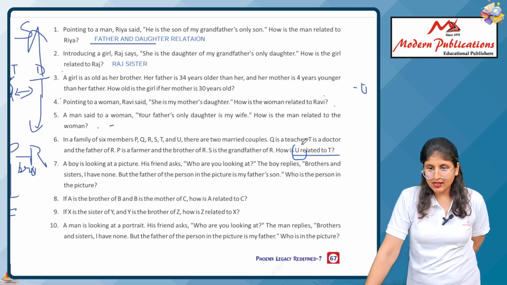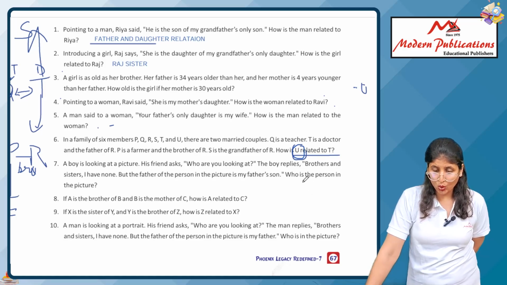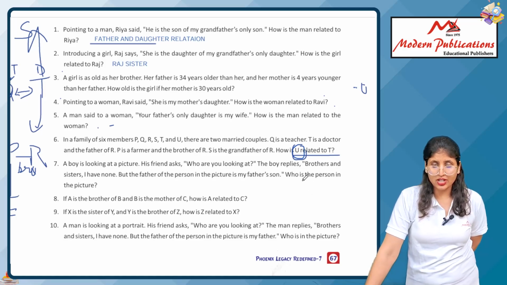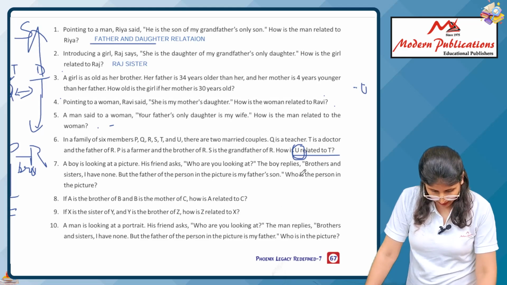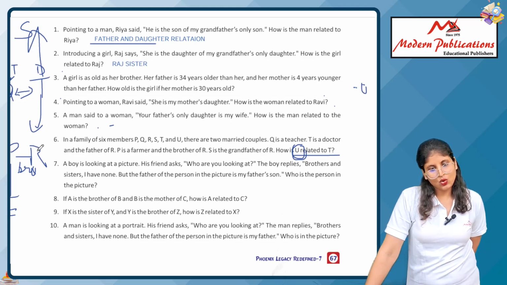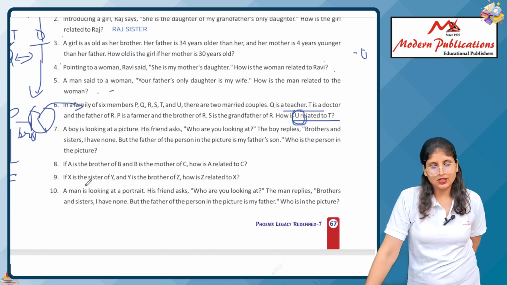I'm hoping this is a mistake. Why is it written Q, U, because the relationship of U is not mentioned with any of the six members. Okay, let's see, maybe we can relate Q as R's mother, because it is not mentioned. Q is a teacher, T is a doctor, so we can relate to R. But let's move on to the other one.